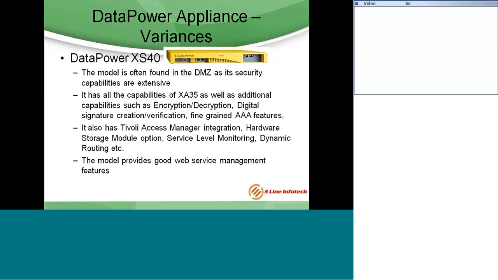AAA means authentication, authorization, and auditing. So it has a lot of security features. If you only want to use DataPower for your security concerns, you can choose the XS40.